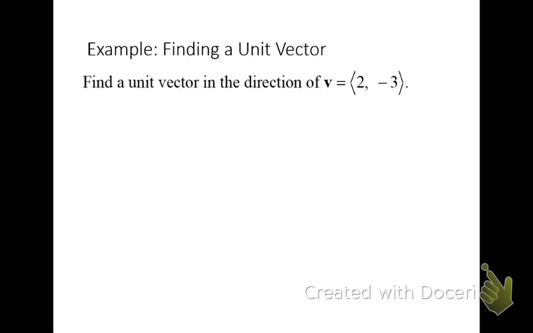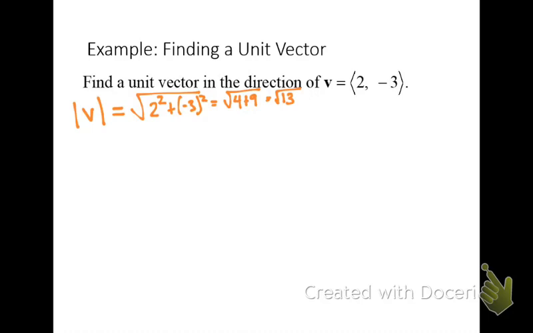Okay. To do that, first we have to find the magnitude of my vector. Since this one is in vector format, it's going to be the square root of 2 squared plus negative 3 squared. This gives me the square root of 4 plus 9, which is the square root of 13.